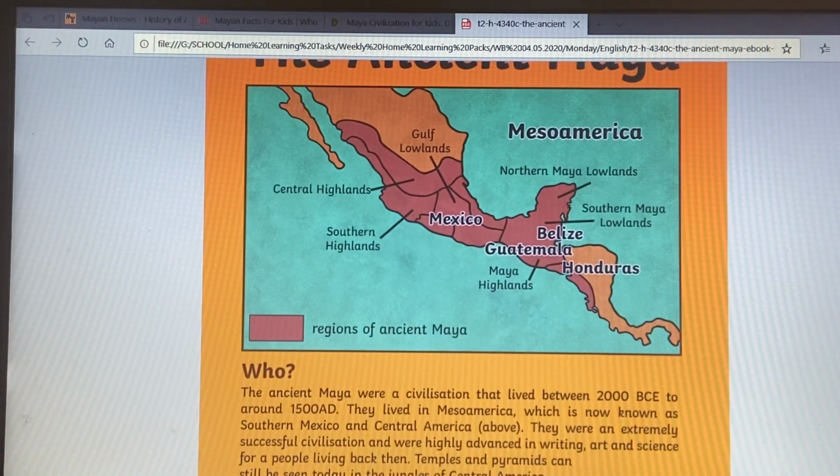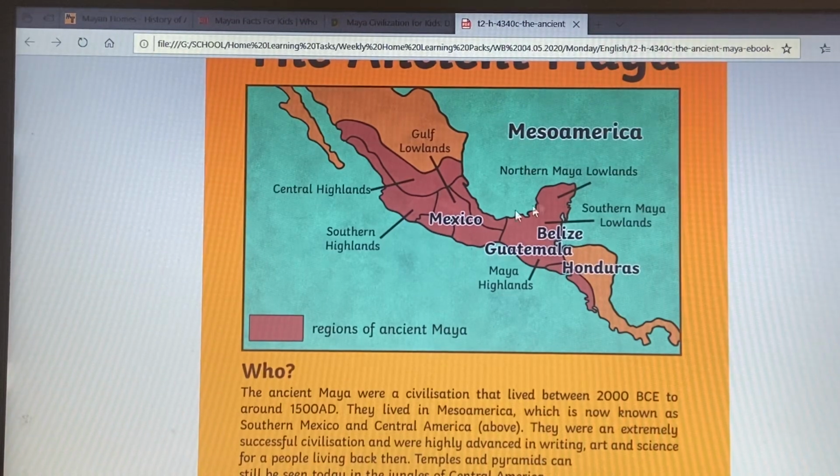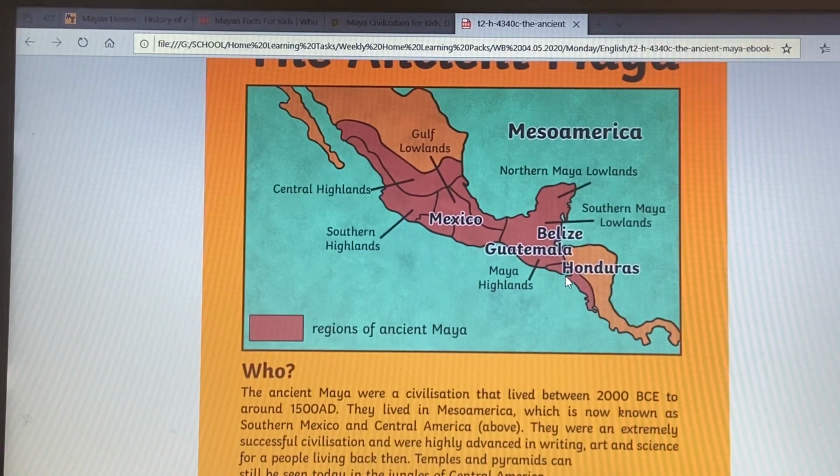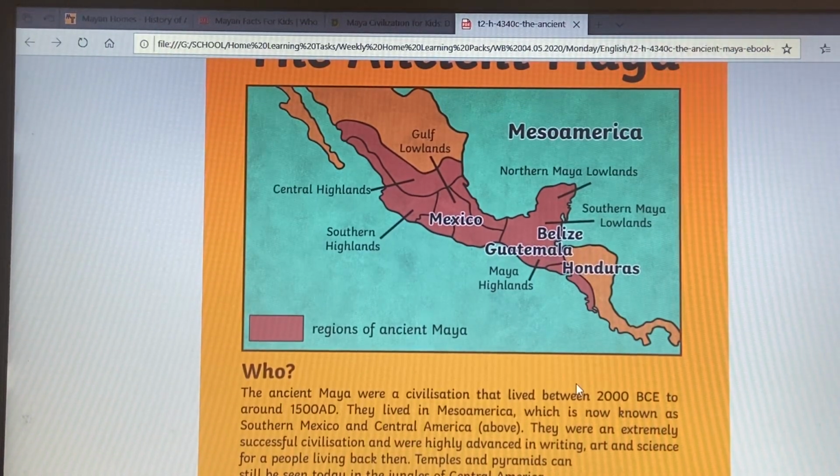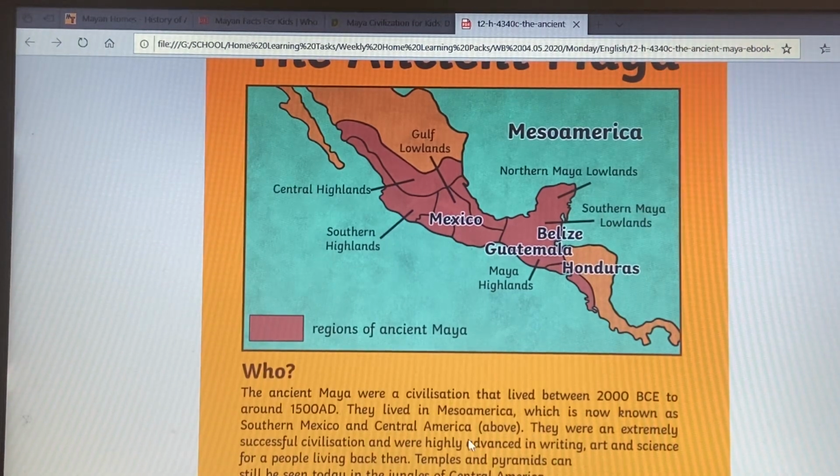and at the beginning of the book, it just gives you some idea of where the ancient Mayas were based. And you can see here it's around Mexico, Guatemala, Honduras and Belize, as well as some other countries. And you can also see that you have some dates.